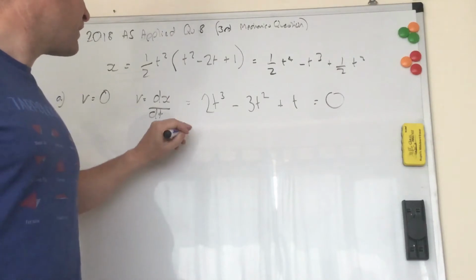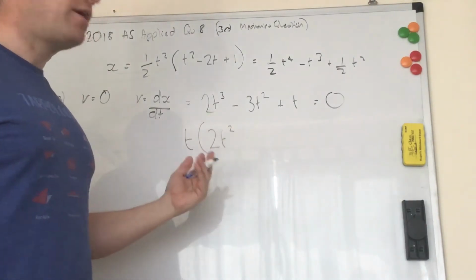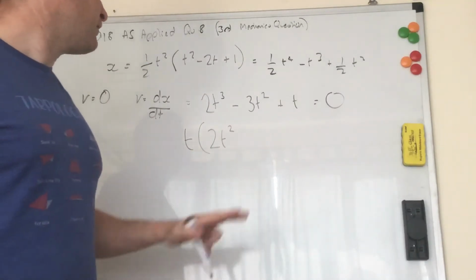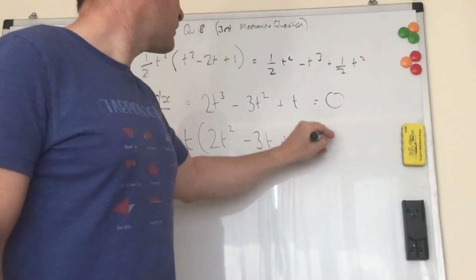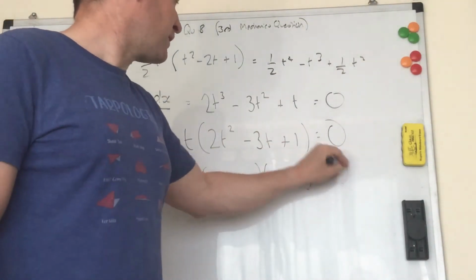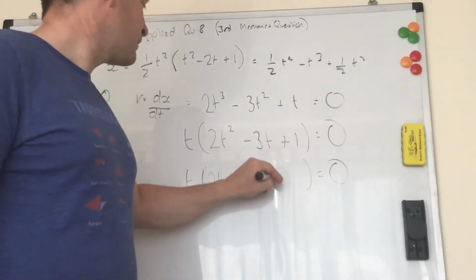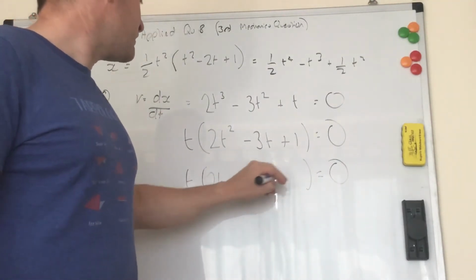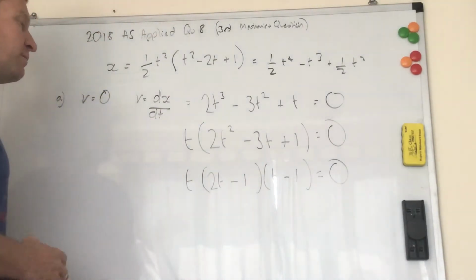Okay, so how do we solve that? Well, start off by factorising out t. That's getting round the dividing by t, but we're still keeping it there. So we get 2t squared minus 3t plus 1 equals 0. Then we factorise that bracket. Okay, you've all got shiny calculators that will do that for you, but it shouldn't be too much of a leap to get 2t minus 1 and t minus 1.